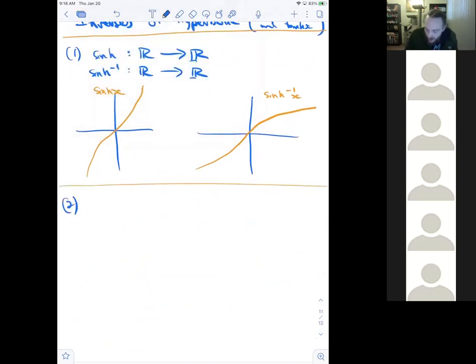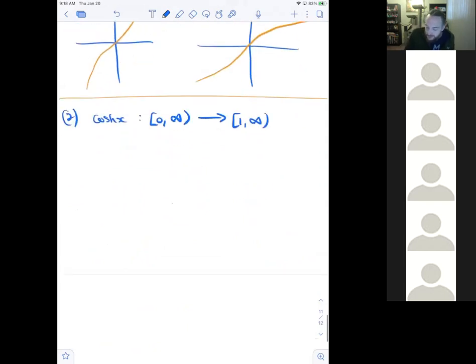For number 2, cos hyperbolic is going from 0 to infinity into 1 to infinity. So cos hyperbolic inverse is going to go from 1 to infinity into 0 to infinity. They swap their domains.